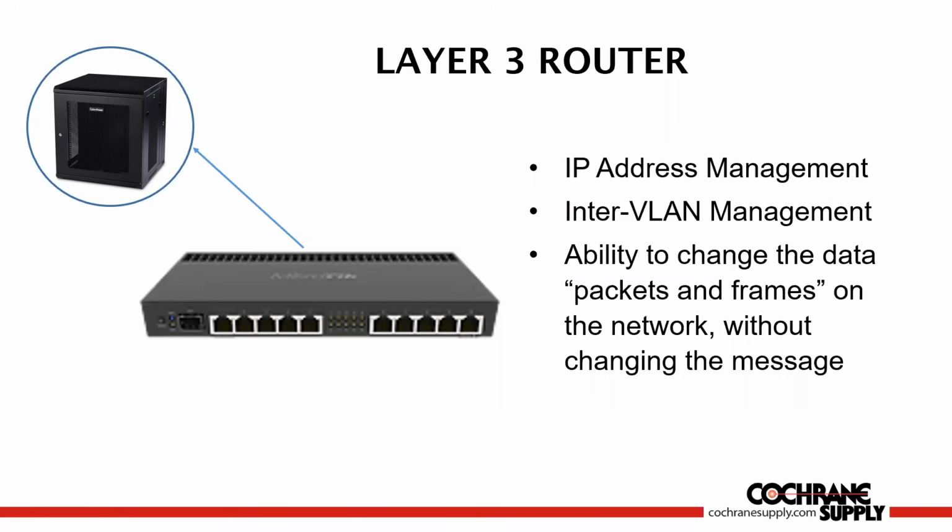And then the layer 3 router, and I'm going to show you this in the topology drawing shortly, but the layer 3 router is actually where all your IP addresses are managed from all those IP devices, right? And this is where your VLANs, your virtual local area networks, will be set up, where you separate your technology or separate equipment on your network.